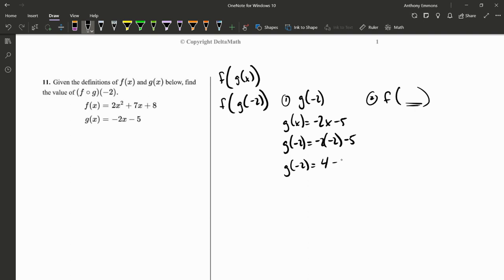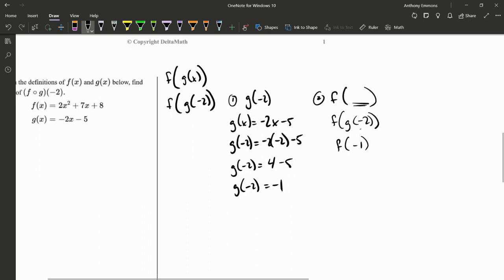Multiplying, that's 4, minus 5. g of negative 2 equals negative 1. So in trying to find the f of g of negative 2, we just figured out that g of negative 2 is negative 1. So we're trying to find f of negative 1.